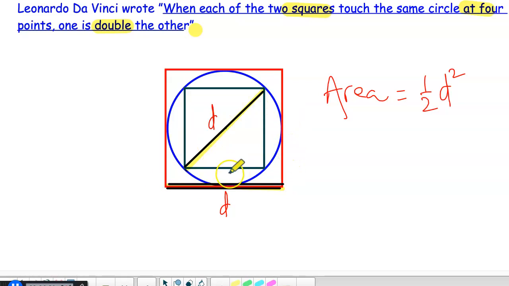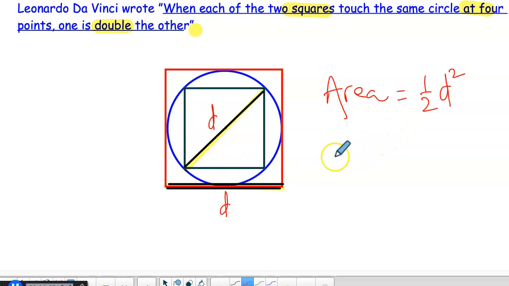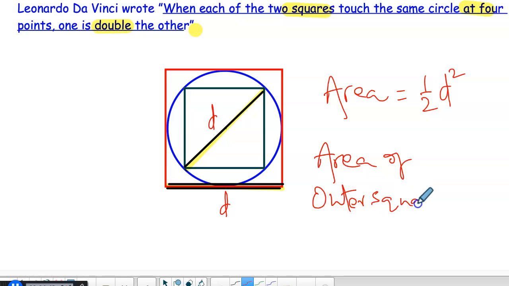But in this case, it is the side of the outer square, and its area is equal to what? The area of the outer square is equal to side times side, that is side square, which is d square.